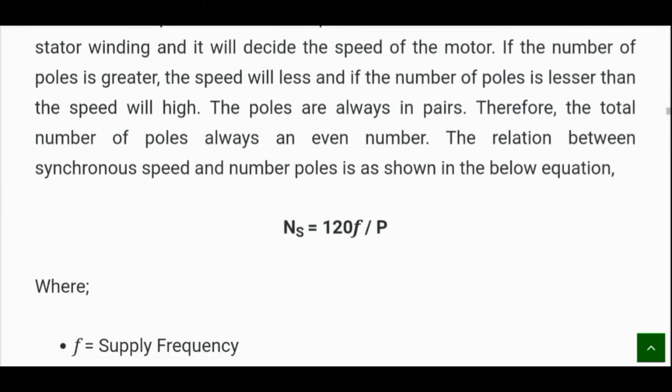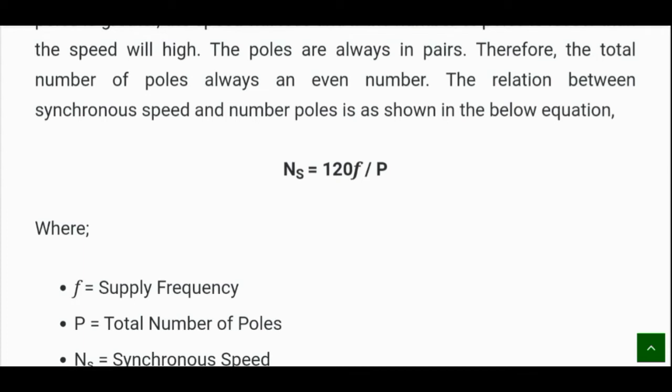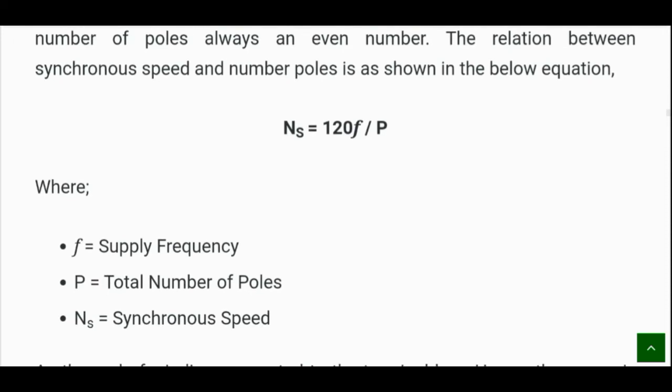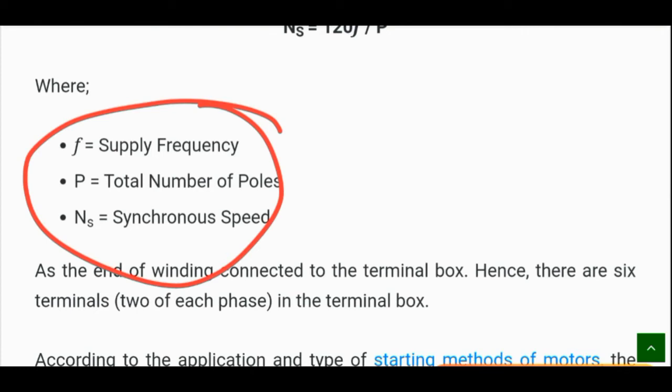The relation between them is given by the equation Ns = 120F/P, where F is the supply frequency, P is the total number of poles, and Ns is the synchronous speed.